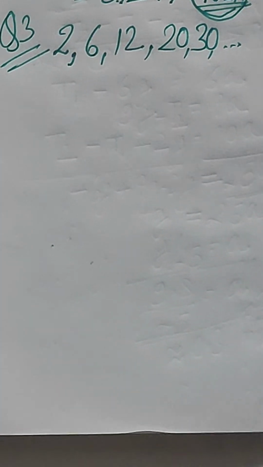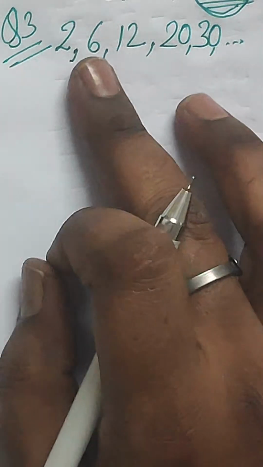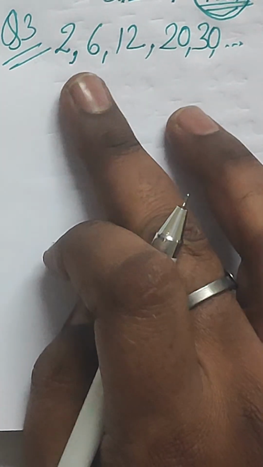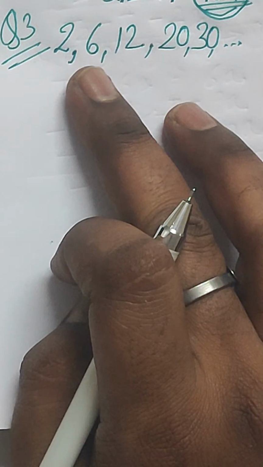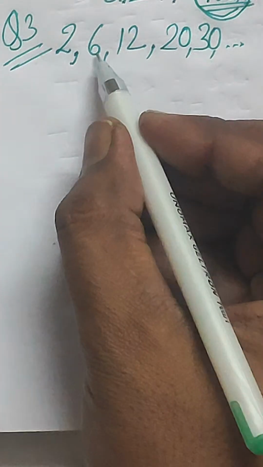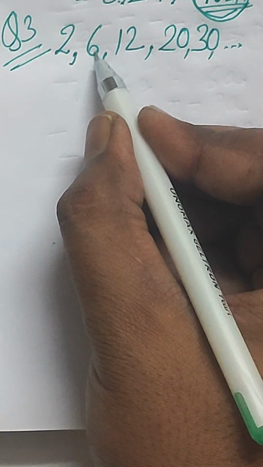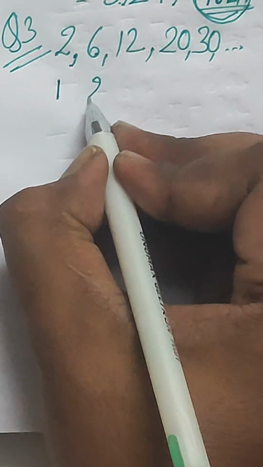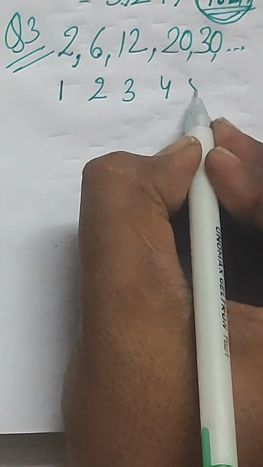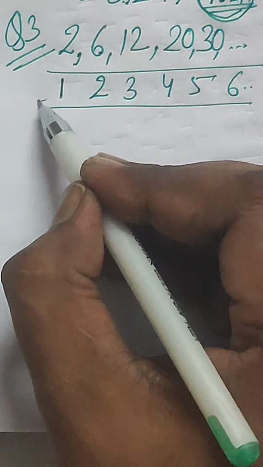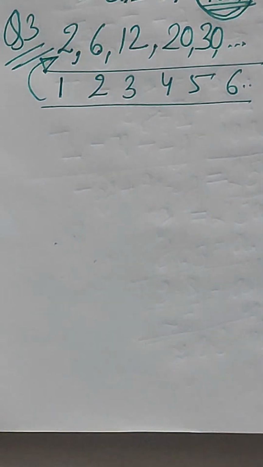So here you can see how 2 is related to 6, right? So you can see 6 is coming, and if you take the natural numbers 1, 2, 3, 4, 5, 6, like that, from this, whether you can see some relations have been followed to get the series or not, right?